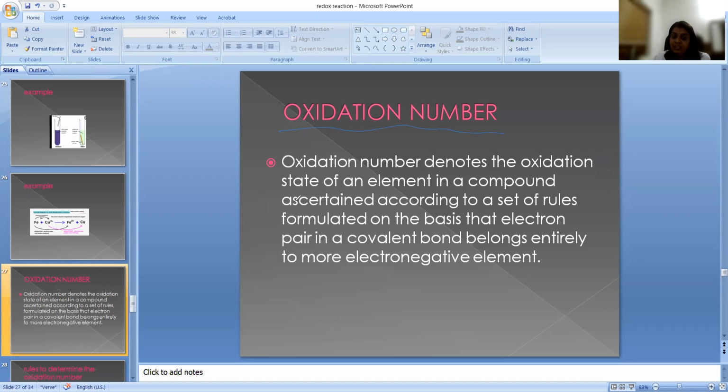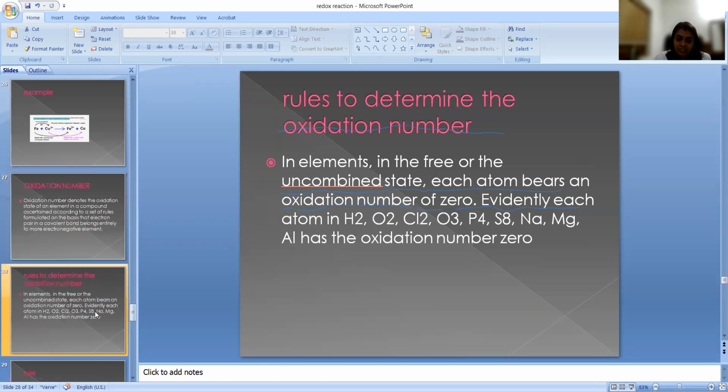Oxidation number denotes the oxidation state of an element in a compound. It is ascertained according to a set of rules. That is what we are going to learn now: what are the set of rules to find out the oxidation number?